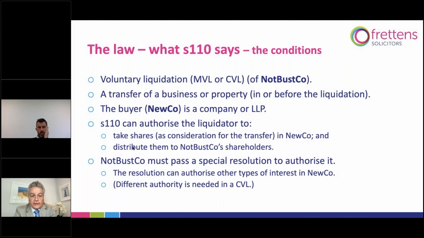Third condition is that the purchaser has to be a company or an LP. It doesn't have to be a Companies Act company, it can be a bit broader than that, but it can't be a partnership, it can't be a single individual.